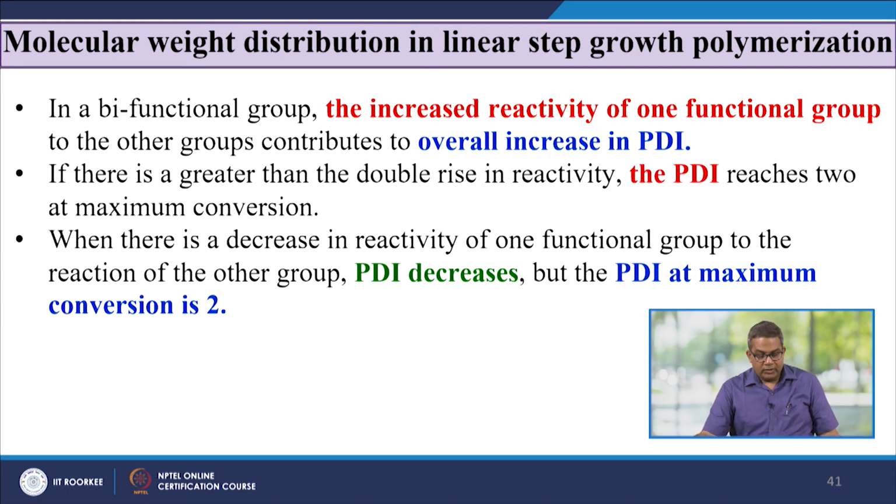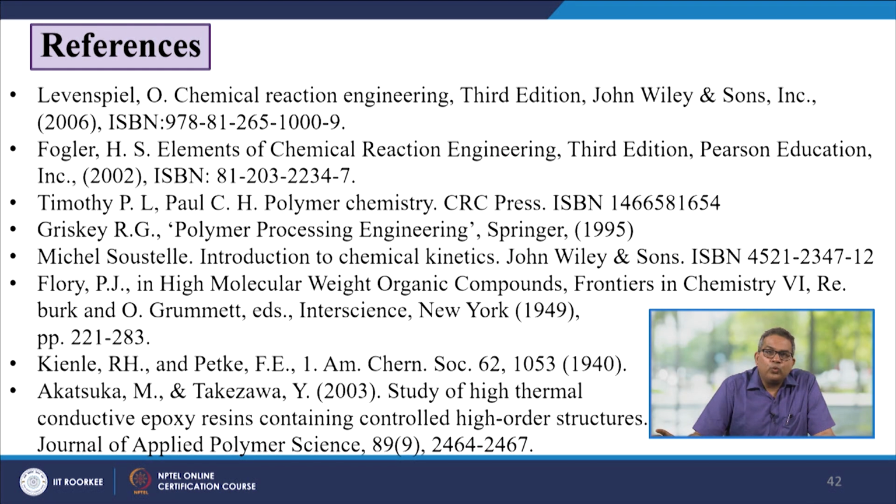So in a bifunctional system, the increased reactivity of one functional group relative to the other contributes to an overall increase in the polydispersity index. If there is a greater than double rise in the reactivity, the PDI reaches 2 at maximum conversion. When there is a decrease in the reactivity of one functional group relative to the other, the polydispersity index increases, but the PDI at maximum conversion is 2.